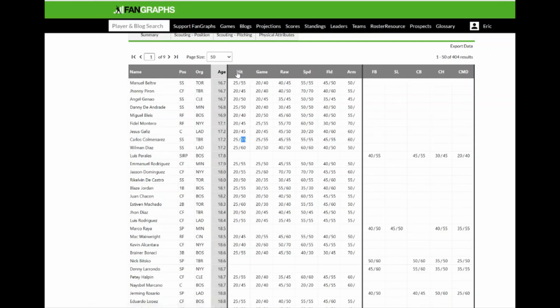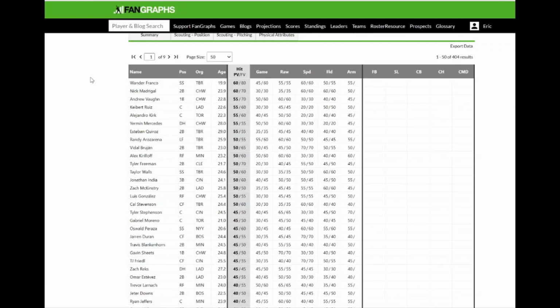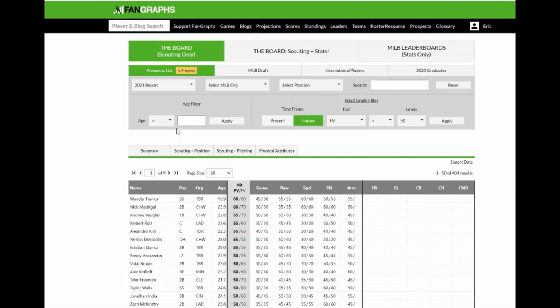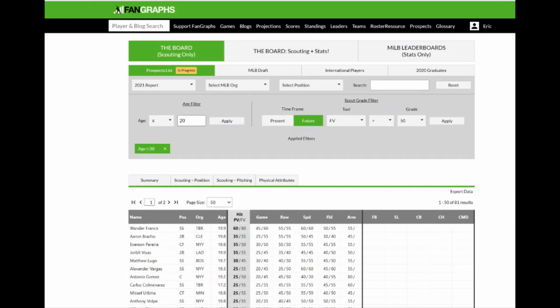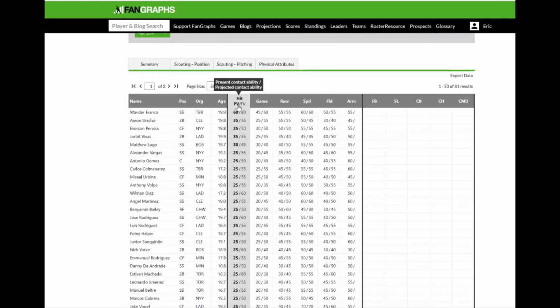But if you wanted to see who the advanced teenagers were on the board, I could say, all right, here's the age filter. I want players who are under 20. And I can hit apply. And then I can look for their present hit tool grades. And you'll see that Wander Franco, I have a 6 on for reasons because he's Wander Franco, basically.